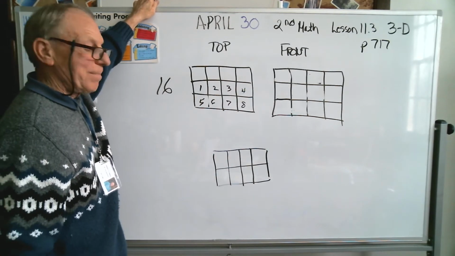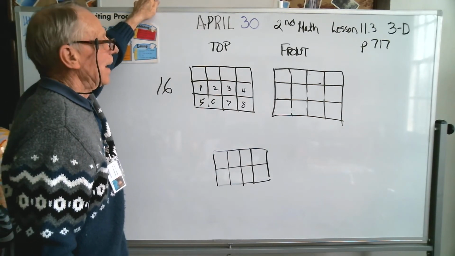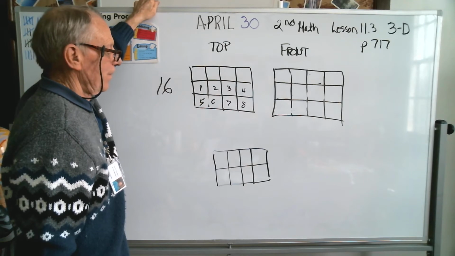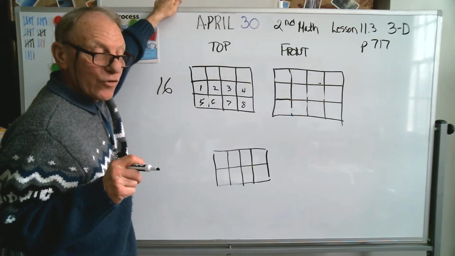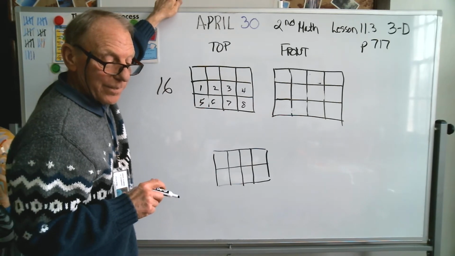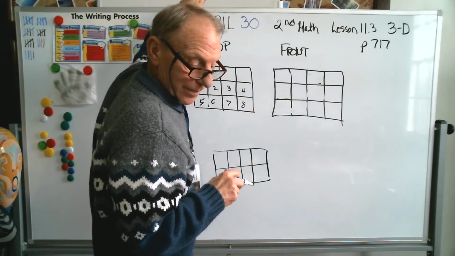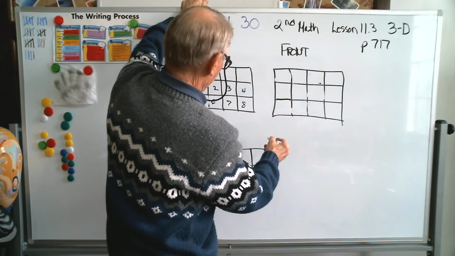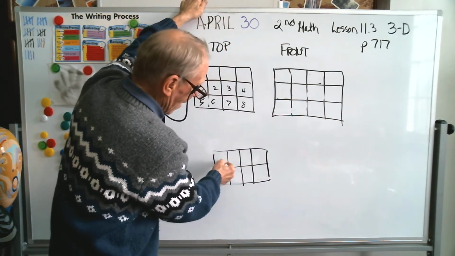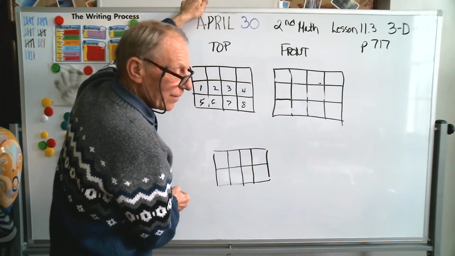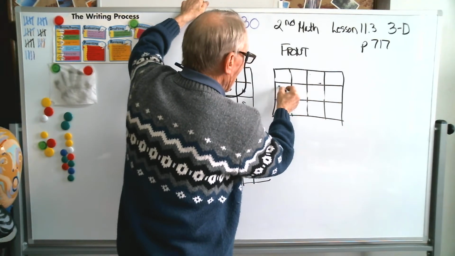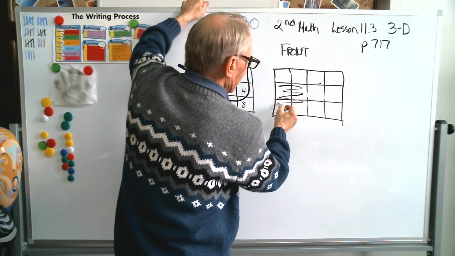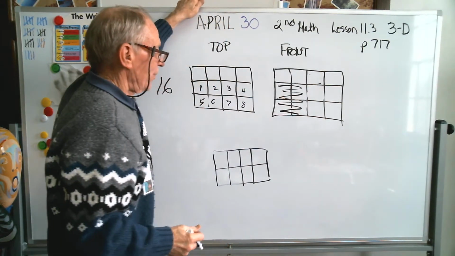for my top, and then I would have to use 2 of them, because that would be 8, and I'd need it to be 2 high, so I would be shading in that part for the front.